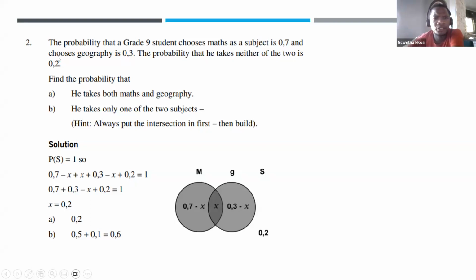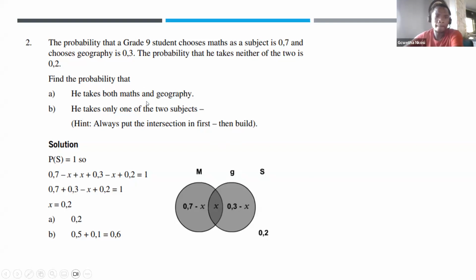And chooses geography is 0.3, that is 30%. The probability that he takes neither of the two is 0.2, that is 20%. It doesn't take any of the two.